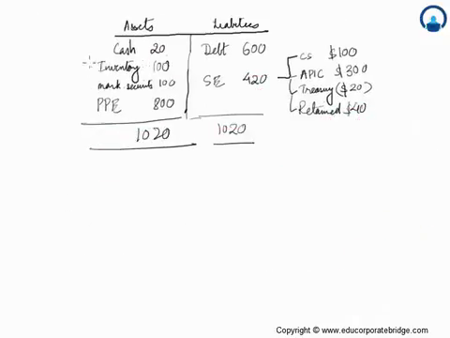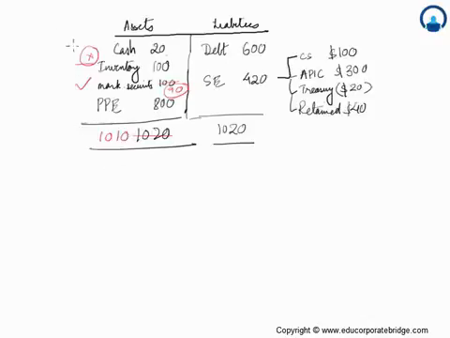Now let's assume that there was no change in the inventory and there is a change in the marketable securities side. So let's say the marketable securities were not 100 but they were actually 90. So let's say the market price of these marketable securities has reduced to 90. So what will happen again is that you will report this at the fair value, and here it will be 1010.